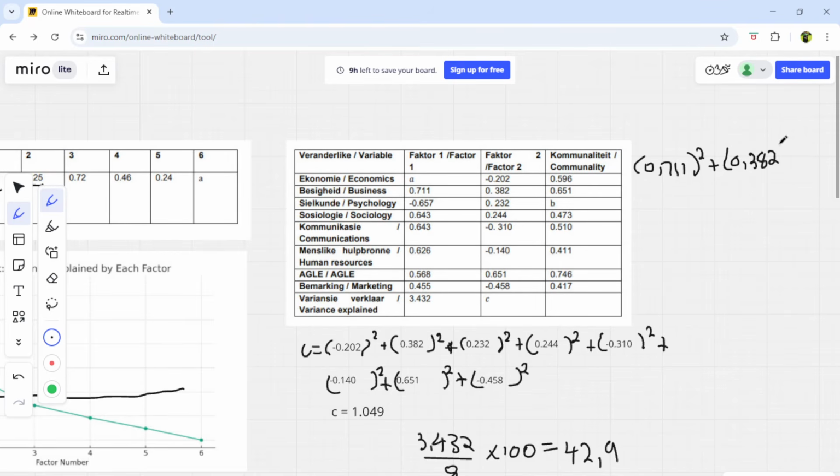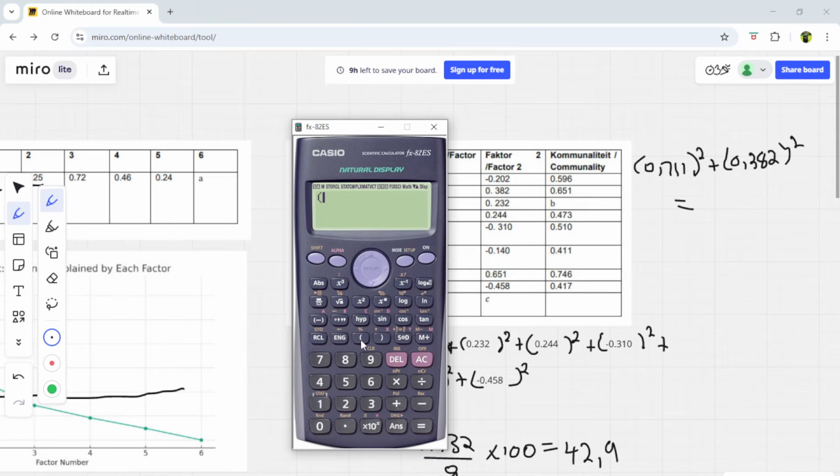You also square it, and then the communality for that, you go to the calculator, you say 0.711 squared plus 0.382 squared, that is equal to 0.651. As you can see, they got it here, 0.651. That's how they got that.